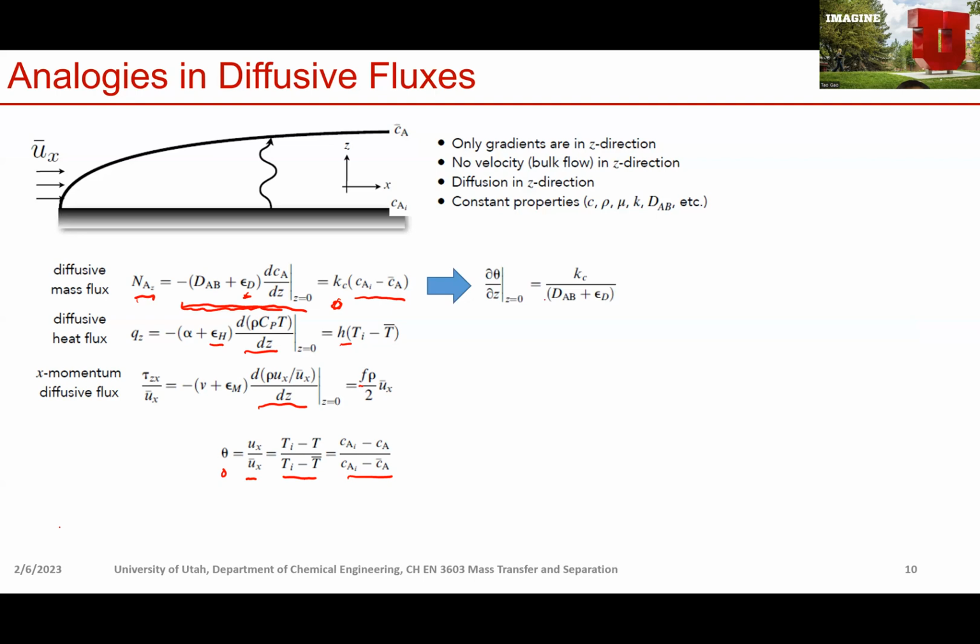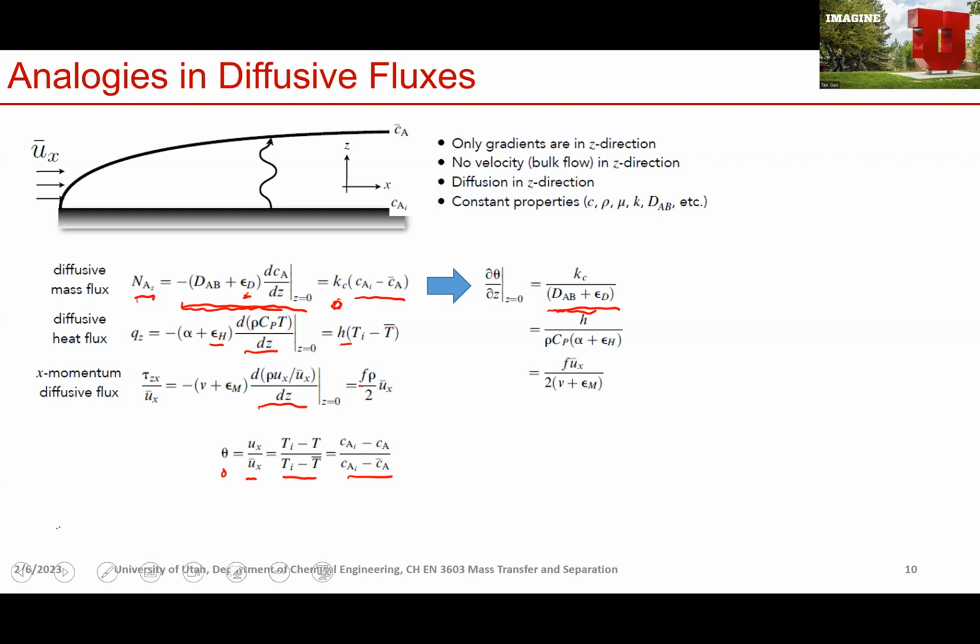That is, at z equals 0, the d theta dz for mass transfer is the ratio of the mass transfer coefficient divided by the total mass transfer diffusivity. We can do the same for heat transfer and momentum transfer. We get this functional form.